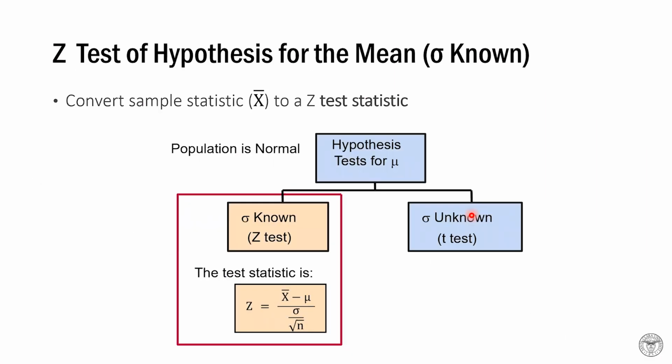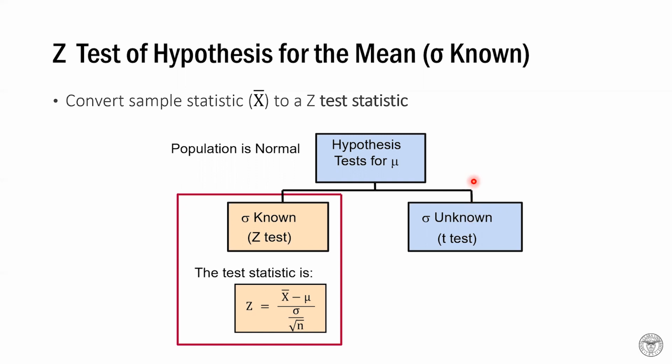In this video, we introduce the hypothesis test for one population mean when the standard deviation sigma is known. If the population standard deviation sigma is known, a hypothesis test performed for one population mean is called one mean z-test or simple z-test.